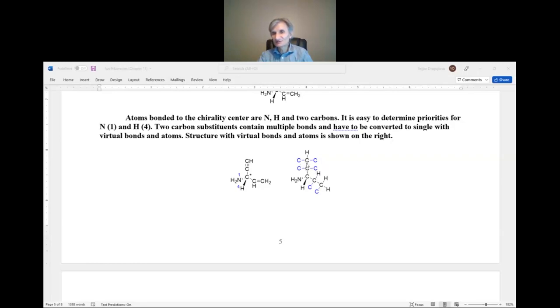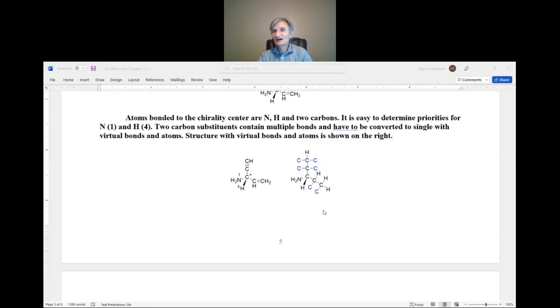So there is one existing carbon-carbon single bond left over from triple bond, and you are adding two more virtual bonds and virtual atoms for each carbon atom, one existing and two more. For double bond, you're converting double bond into two carbon-carbon single bonds with respect to each carbon atom.